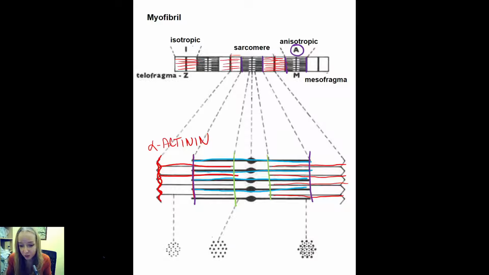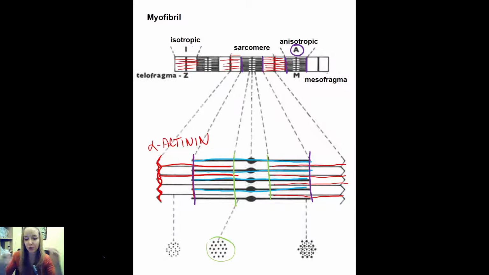And in the H band, there are only thick filaments in the center. When the sarcomere contracts, it pushes thin filaments to the center. So when there is a contraction in the muscle, the H band will disappear, and we're not able to see the H band. I'm going to do that later once again.